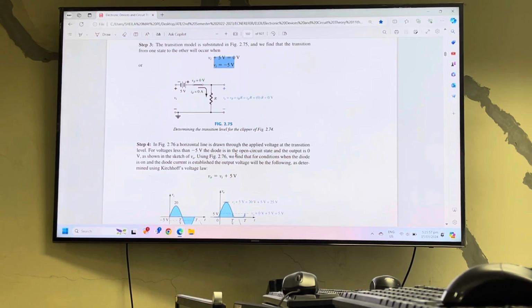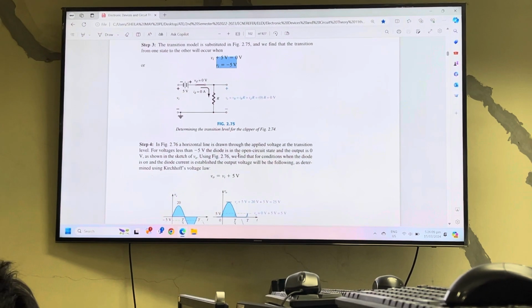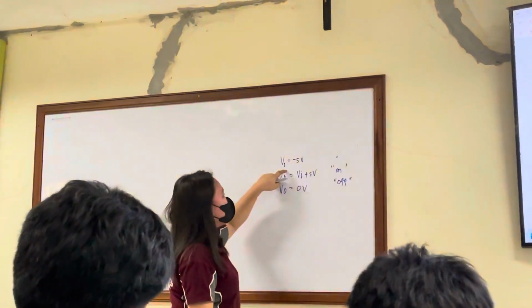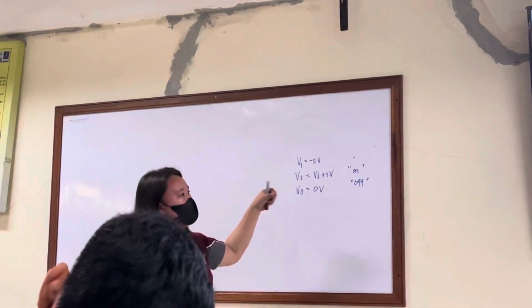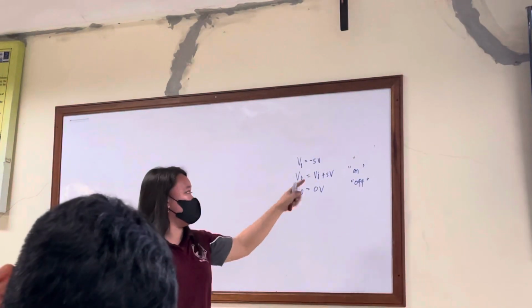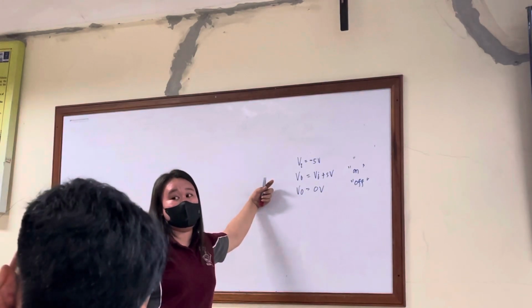So that you don't get confused about the transition voltage, it is also the threshold voltage, VTH. Or if you are studying, so you don't get confused, you can use again the I.